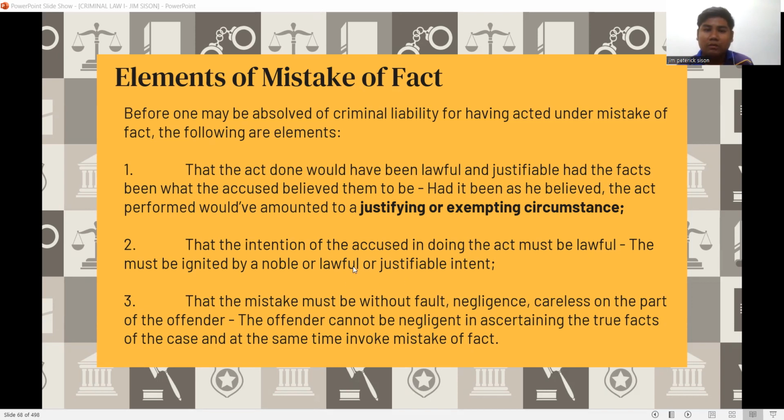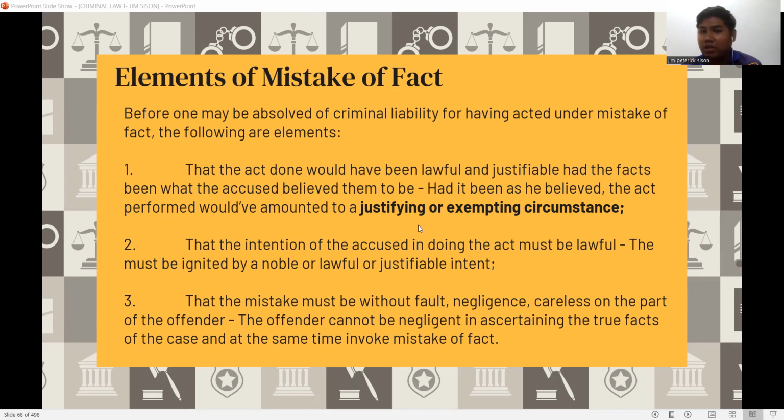Why? Because he committed a lawful and justifiable act. Had it been as he believed, the act performed would have amounted to a justifying circumstance. If it had really been a bad element, that would be a justifying circumstance.